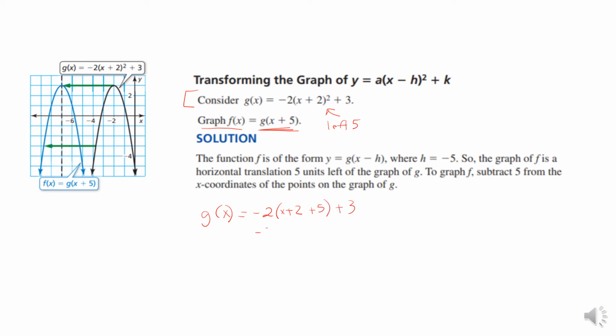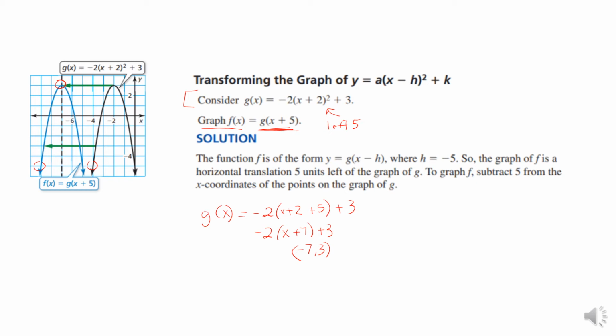And so that becomes negative 2, x plus 7 plus 3, and now when I set it up, my vertex is now negative 7, 3, so I know to move my graph over to here, and then you could plug in a couple more points, but essentially once you've got the vertex, then you just move any other points that you can find over 7 points to the left.